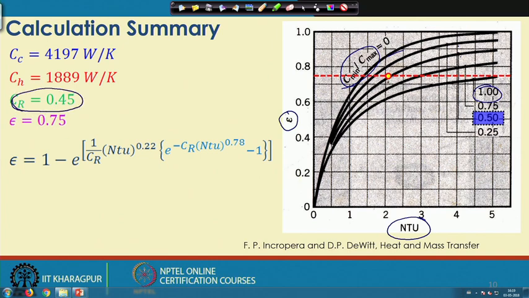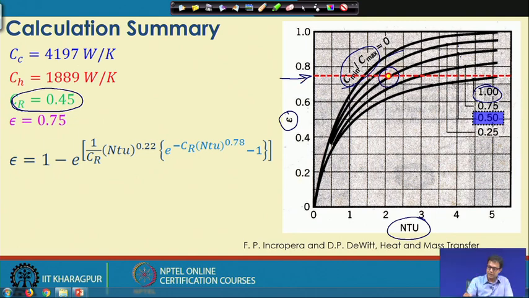So, corresponding to Cr equals 0.45 and epsilon equals 0.75, we find that the NTU would be somewhere here, nearly about 2.1.